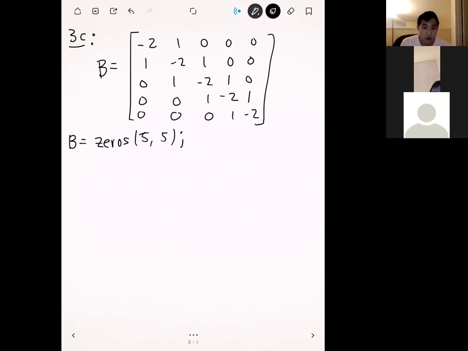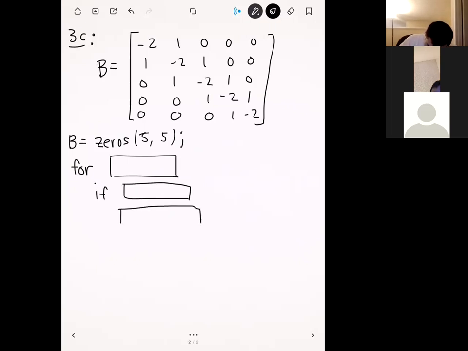And then from here, we have a for loop. So you have for, and then there's a blank right here. Inside the for loop, we have an if-else statement. So we have if, and then a box, and then a box. Else if, box, and then box.